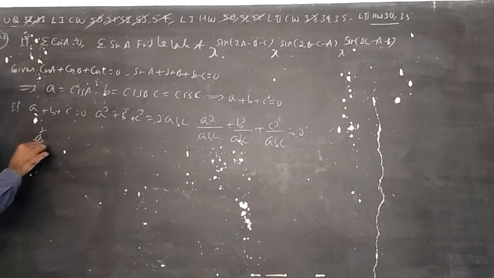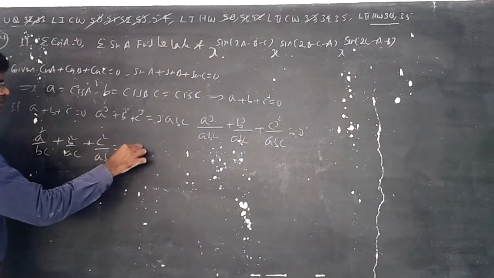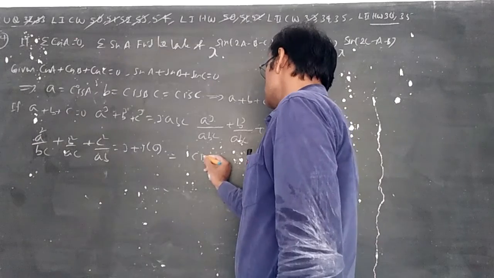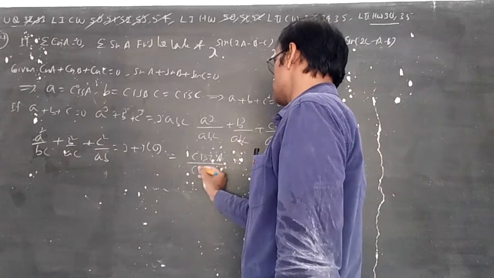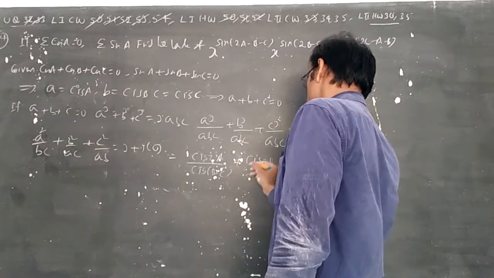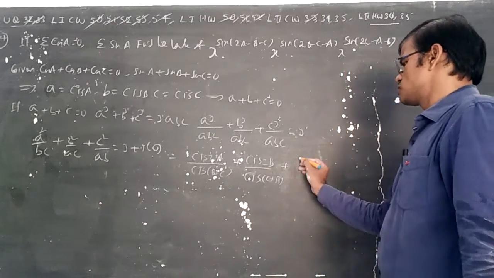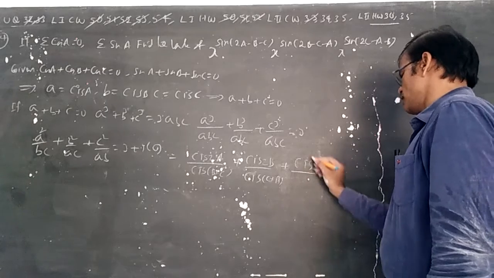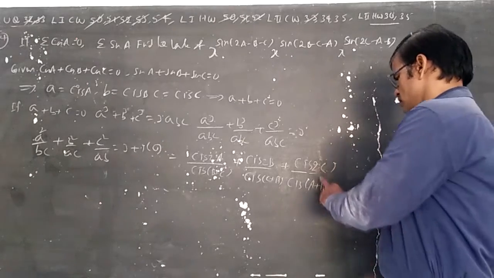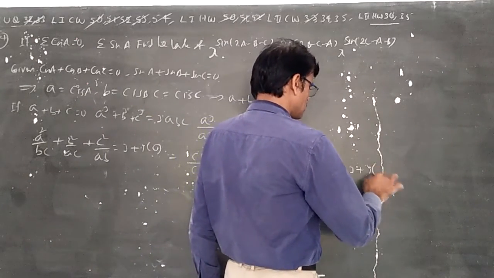Here you can understand a square by bc plus b square by ca plus c square by ab is equal to 3 plus i into 0, that is cis 2A by cis of B plus C, plus cis 2B by cis of C plus A, plus cis 2C by cis of A plus B, equal to 3 plus i into 0.